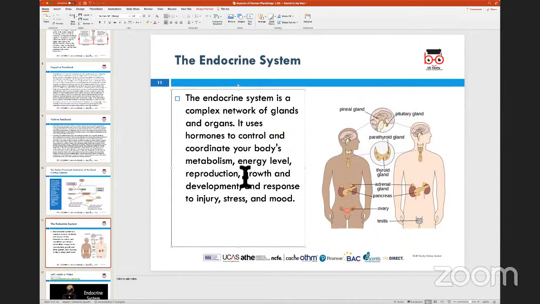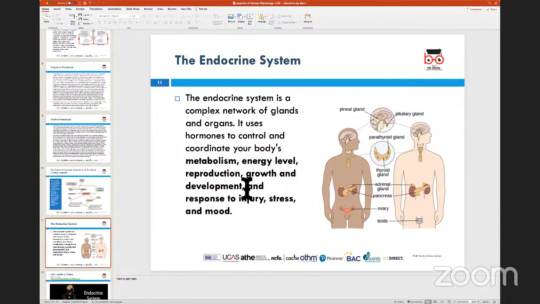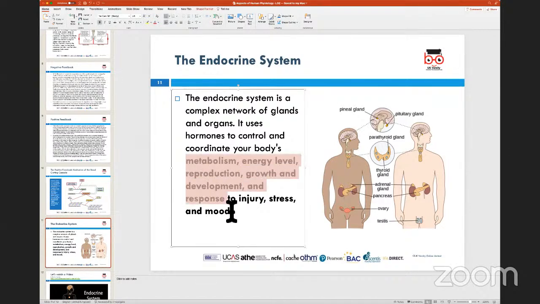The endocrine system basically manages the metabolism, energy levels, reproduction, growth, development, injury, stress, and mood swings in your body. Now, why do you have a hormonal imbalance? Because these things are not working optimally.